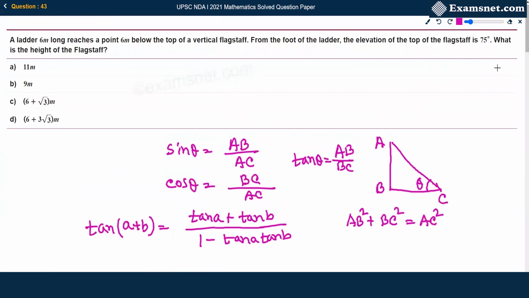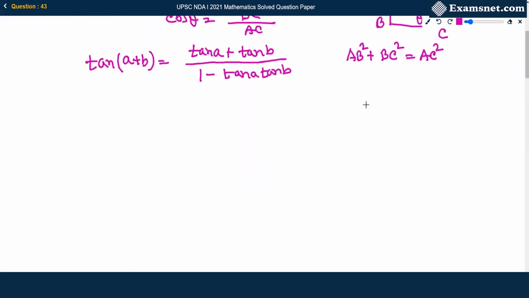So here it's given that there is a ladder which is slanting, resting on a vertical flagstaff, and the head of the ladder reaches a point 6 meter below the top of the vertical flagstaff, right? So let me quickly draw the above scenario. Say this is the flagstaff. From the foot of the flagstaff, at a certain distance away, there is a ladder.